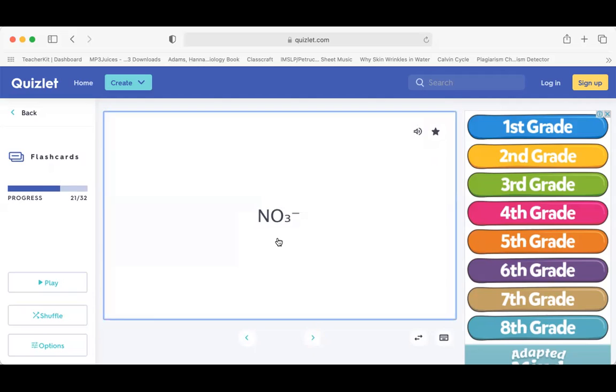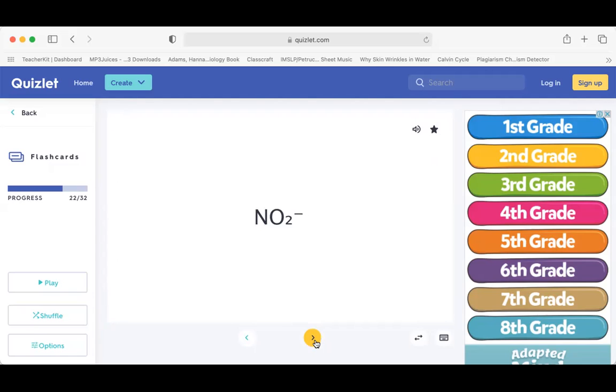NO3 minus, nitrate. NO2 minus, nitrite. Don't have to know that one. ClO4 minus 1, perchlorate. MnO4 minus, permanganate.